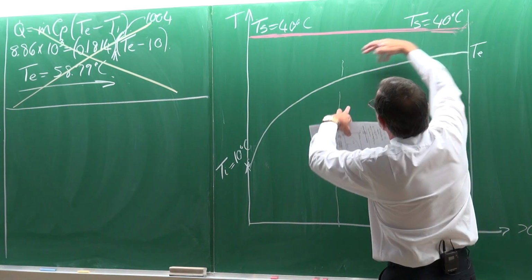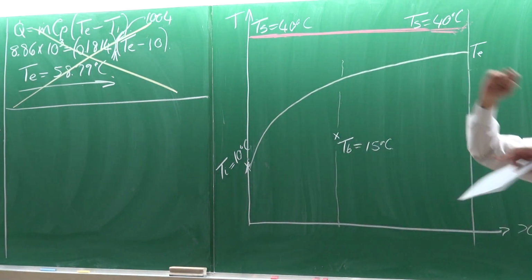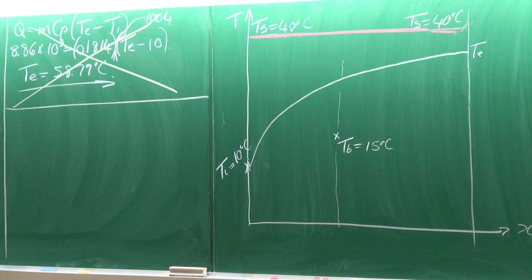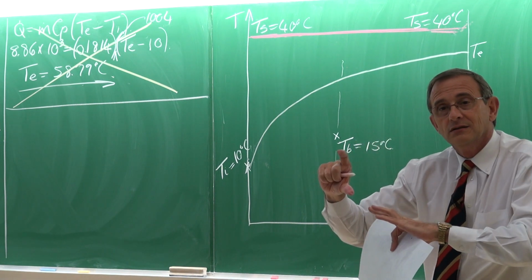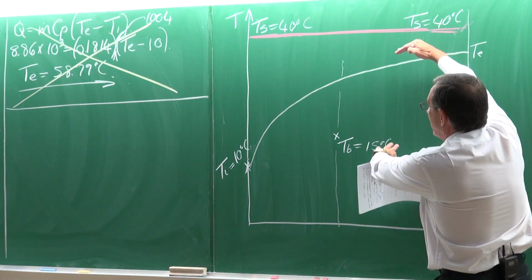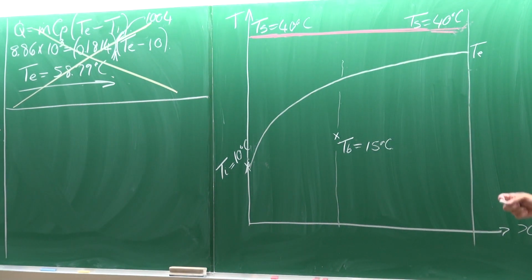And we need to integrate this to get the correct delta T. That is why we need the LMTD and not the normal delta T. The normal delta T you can use for constant heat flux, where these two lines are parallel to each other, but not for constant wall temperature problem.